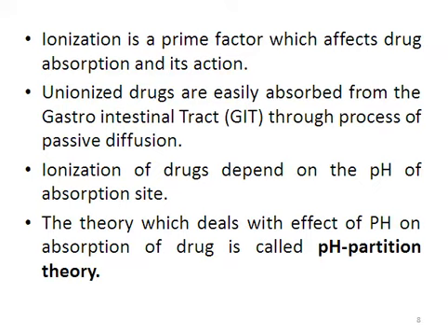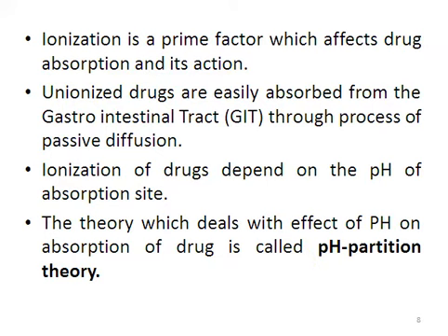So unionized drugs are easily absorbed through the gastrointestinal tract, and this absorption does not require any energy. Whether the drug will be ionized or not is dependent on the pH of the absorption site. The theory which deals with the effect of pH on the absorption of the drug is known as pH partition theory.